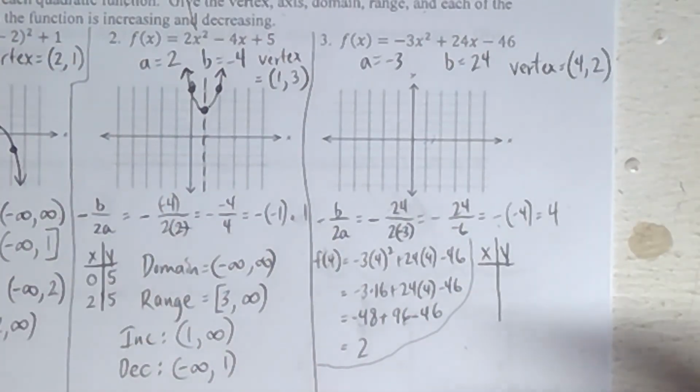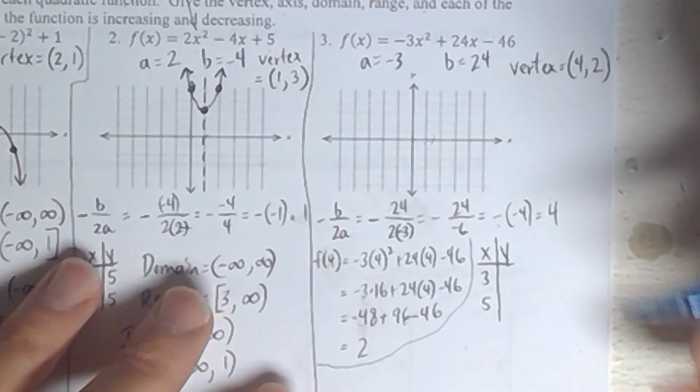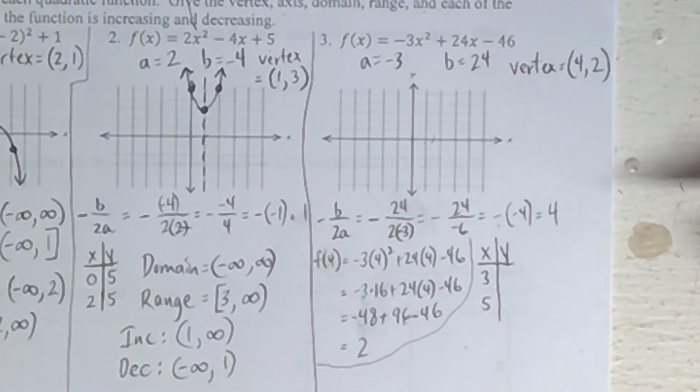So since it's 4, we can pick 3 and 5. Again, two numbers that are the same distance away from 4 will give you the same y value, guaranteed. Only with parabolas does that happen, but all of these are parabolas in this section.